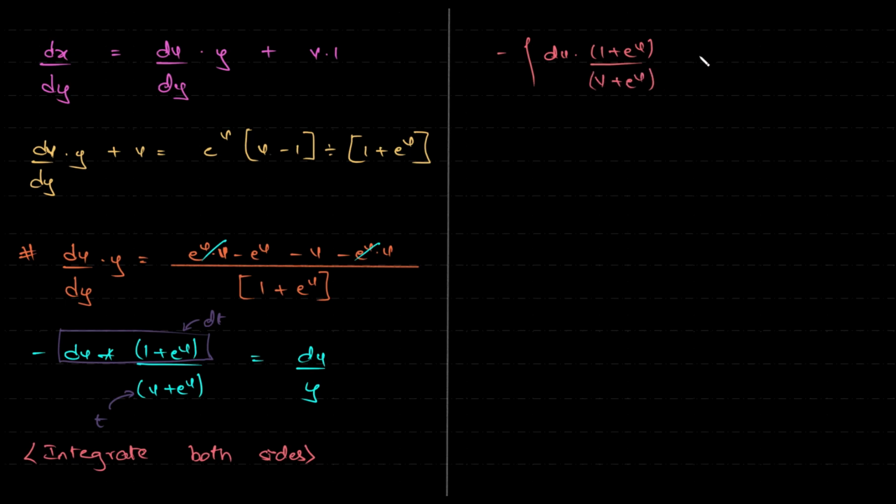Again, this is very convenient. dy by y. I can transpose the negative one that side actually, or actually it's not a big deal. Minus of log of v plus e to the power of v is equal to log of y plus some constant c. Okay, and we can rearrange this.